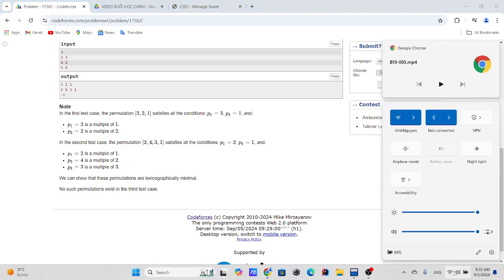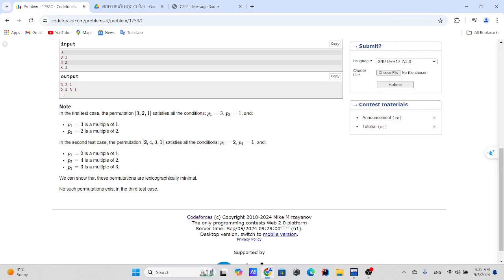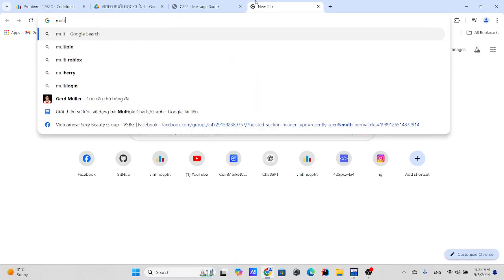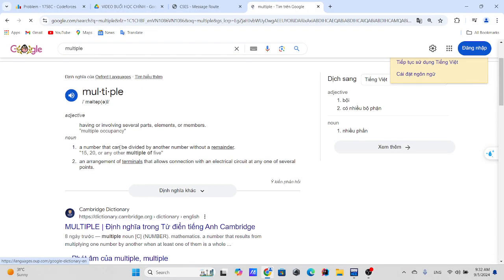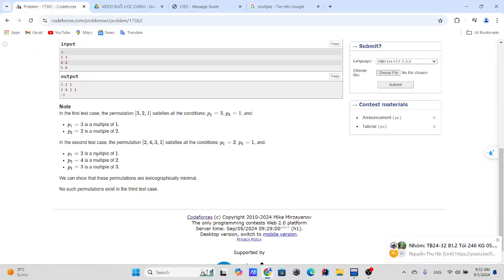Wait a minute. Let me make this clear. Let me read this problem again. 2431 satisfies all conditions. P1 is 2, okay, and the last element is 1. Alright. Multiple means that it can be divided by another number without a remainder. Okay, 4 is a multiple of 2, 3 is okay, understandable.